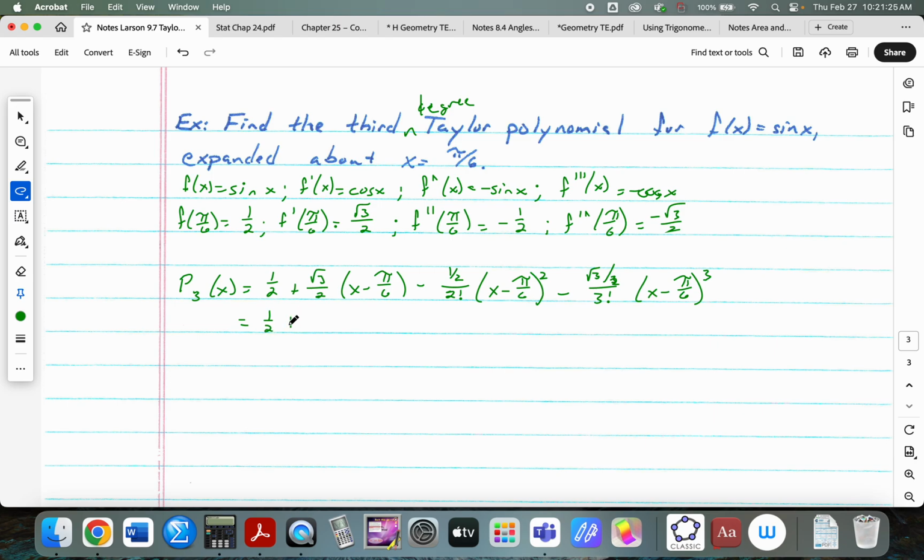So that's going to be 1/2 plus square root of 3 over 2 times x minus pi over 6, minus 1/4 times x minus pi over 6 quantity squared, minus the square root of 3 over 12 times x minus pi over 6 quantity cubed.